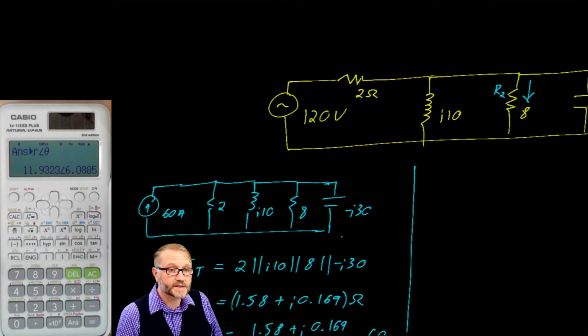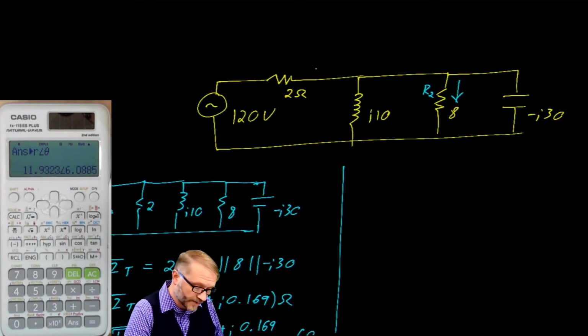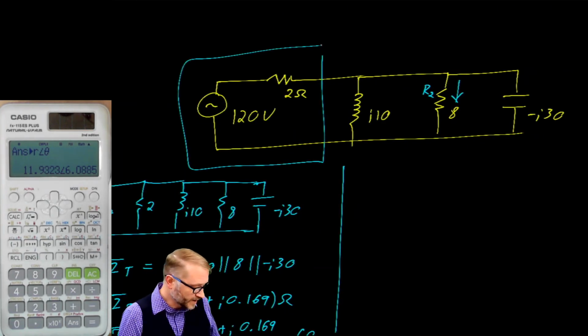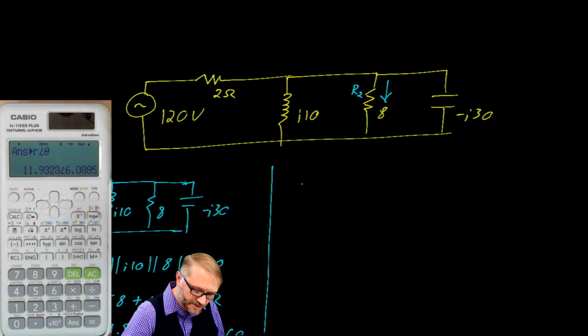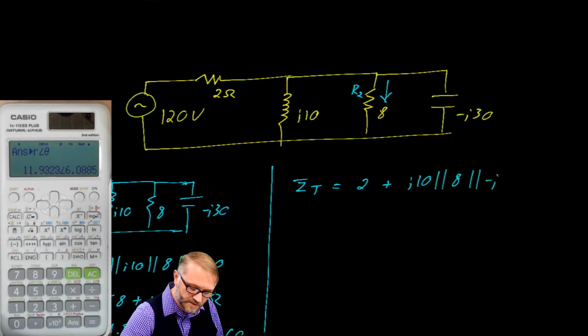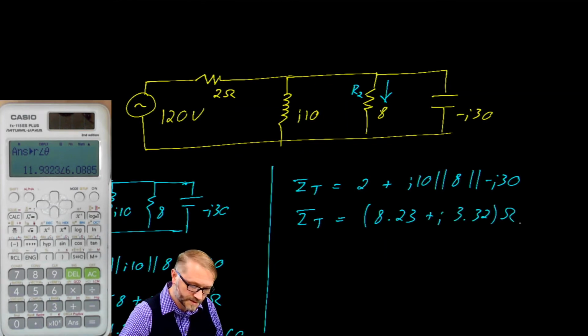So that was one way to solve the problem, was to recognize that this here was a Thevenin circuit, convert it into Norton, and then use the current divider. An alternative solution would be to calculate the total impedance as 2 plus j10 in parallel with 8 in parallel with negative j30, which gives you 8.23 plus j3.32 ohms.